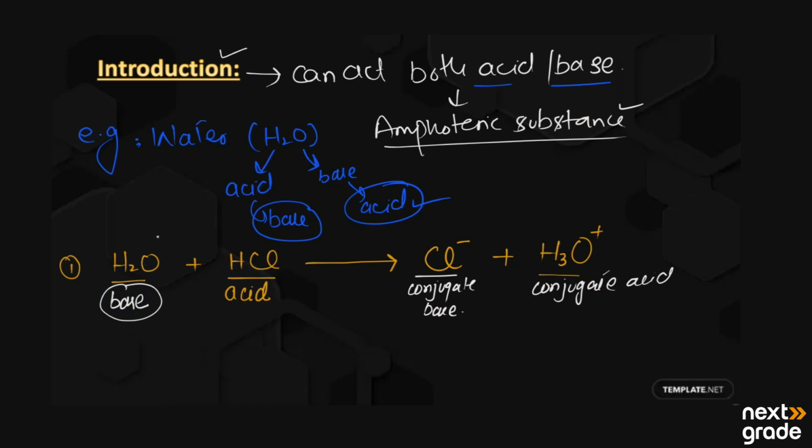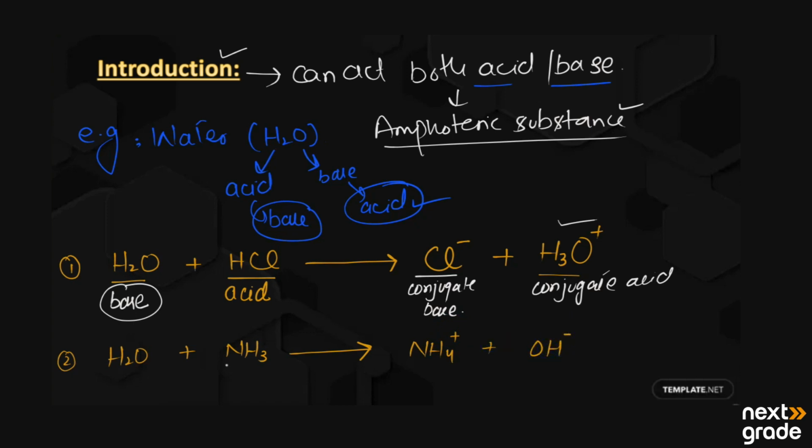So in this example we have seen that the water acts like a base because it has accepted the proton. But if we have the chemical reaction of water with a base, and the base we have is ammonia, NH3, after the reaction the products are NH4 positive and OH negative.